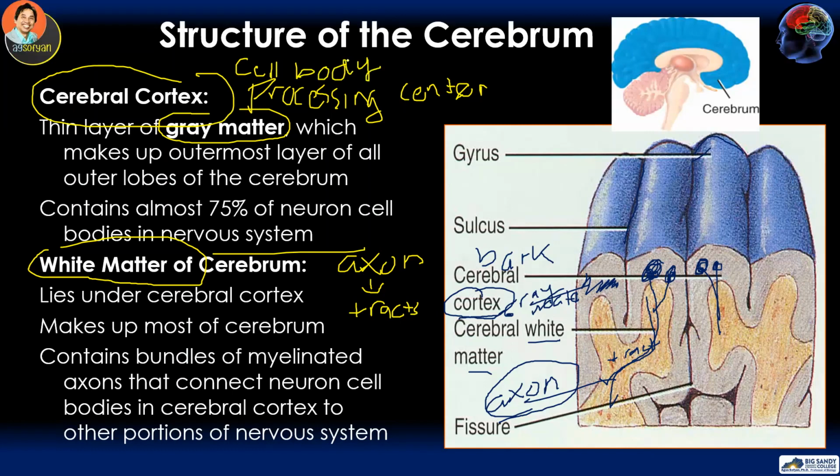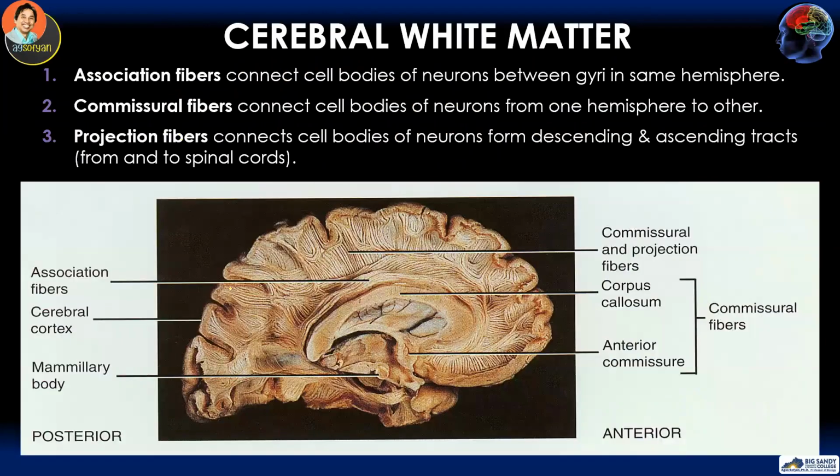So this is how the brain is divided into portions: the gray matter portion for processing and the white matter portion for carrying information or orders. As you see over here, the white matter is just fiber, fiber, fiber.